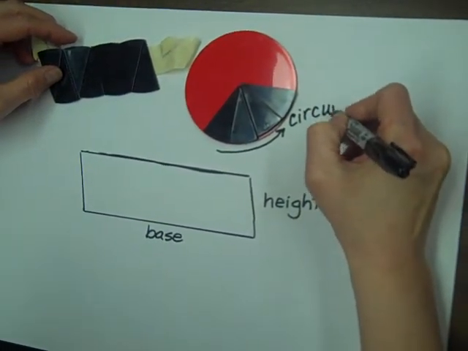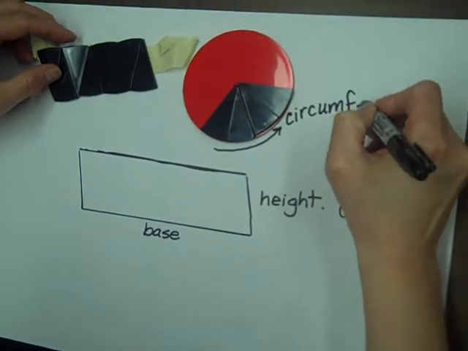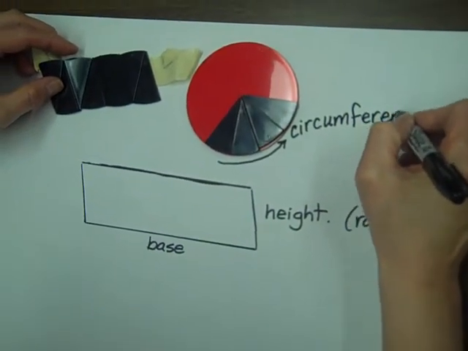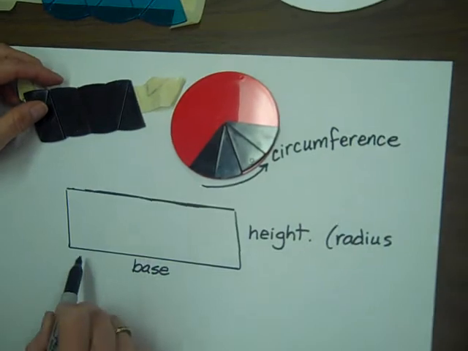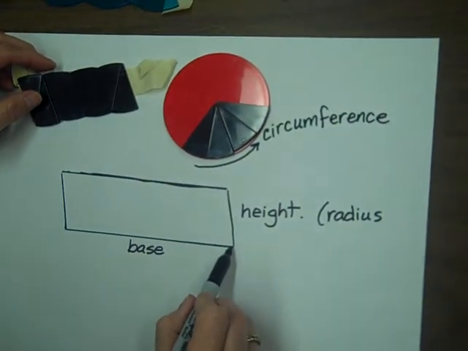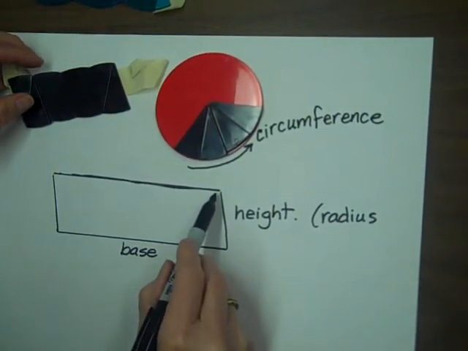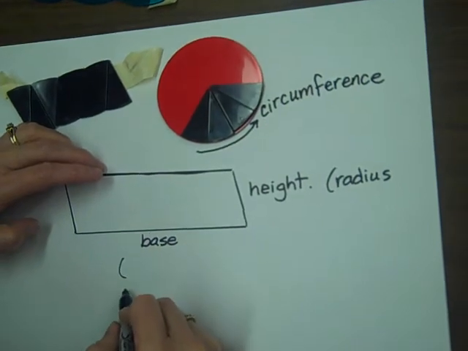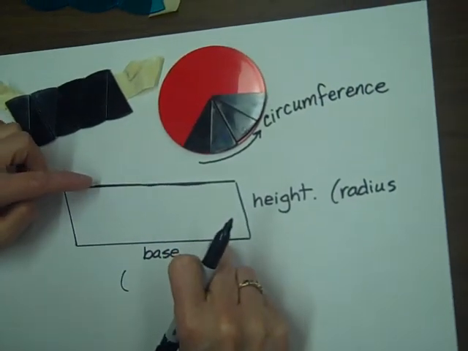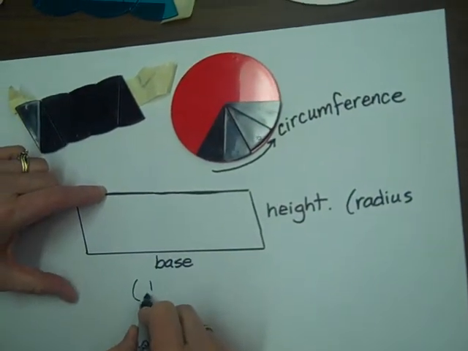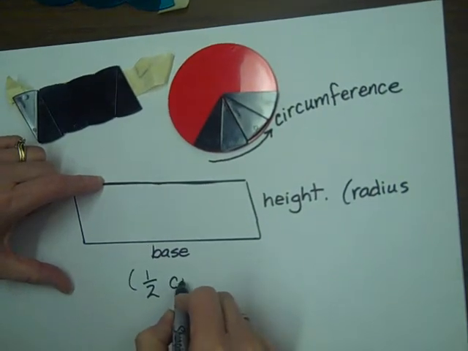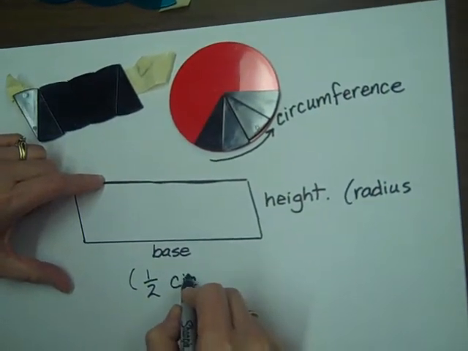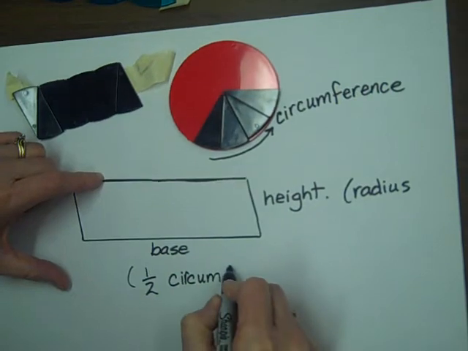The circumference. So the circumference goes on the bottom base plus on the top. So in other words, if the entire circumference is both, we can say half of the circumference is down here.